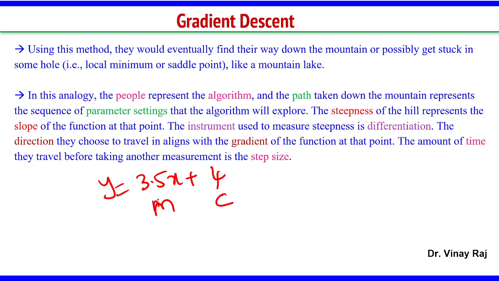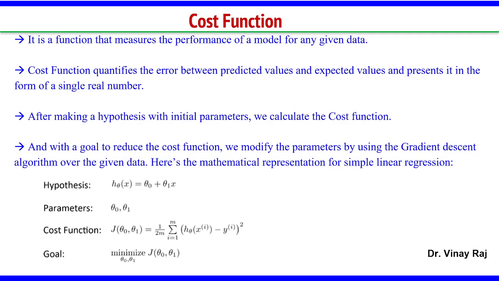So how do I optimize this m and c? For that we have to define a cost function. For my regression example, the cost function could be mean square error, though we can take any function. We definitely need a cost function, and we have to optimize it.